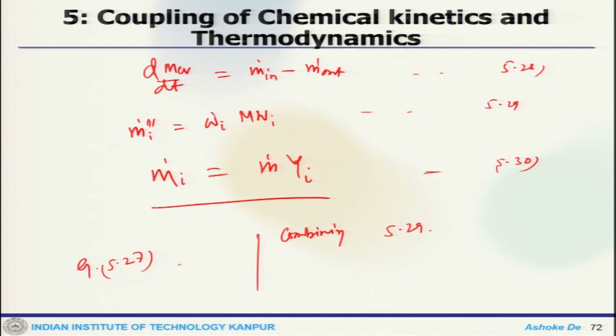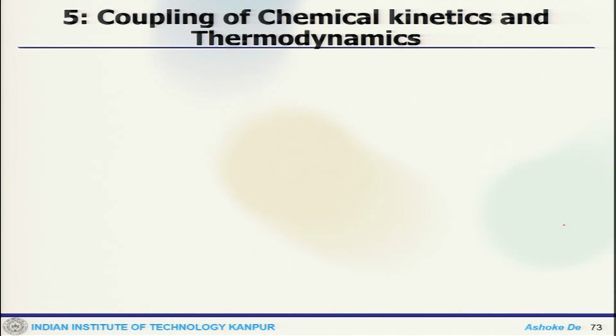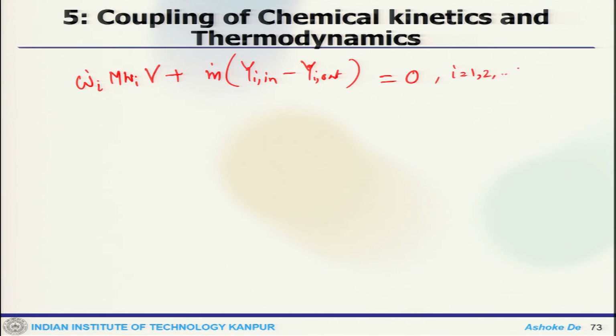Combining 5.29, 5.30 and 5.27, one can write that omega dot I molecular weight of I V plus m dot (y I in minus y I out) equals 0, I equals 1 to n.